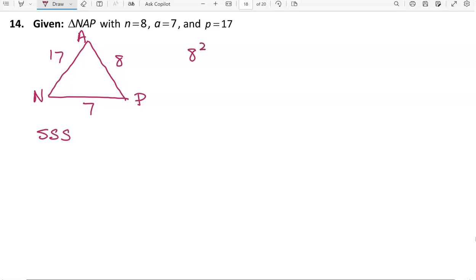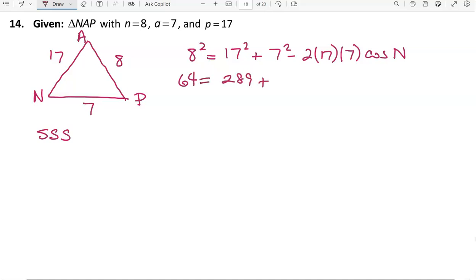If we use angle N, then we've got to have 8 squared by itself on one side of the law of cosines. So 8 squared equals 17 squared plus 7 squared minus 2 times 17 times 7 times the cosine of angle N. And we'll have to do a little bit of arithmetic here. You can use your calculator certainly for these.